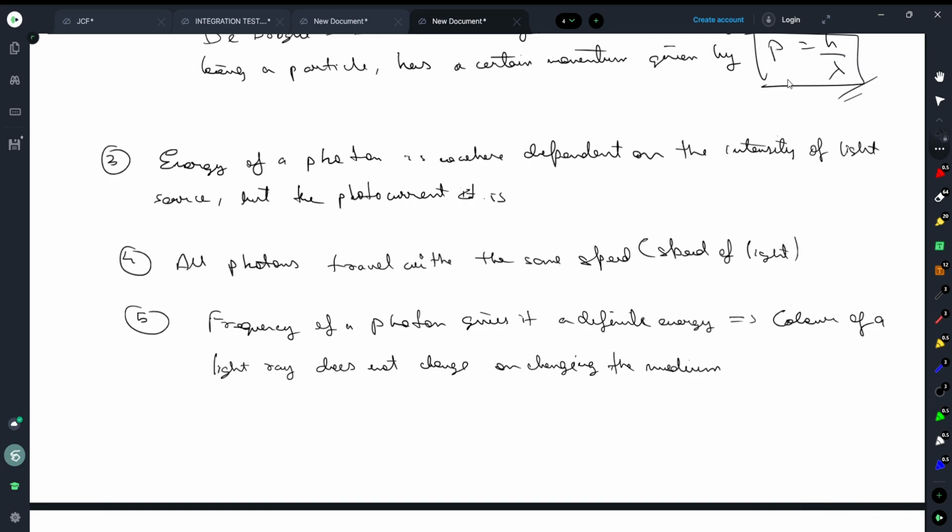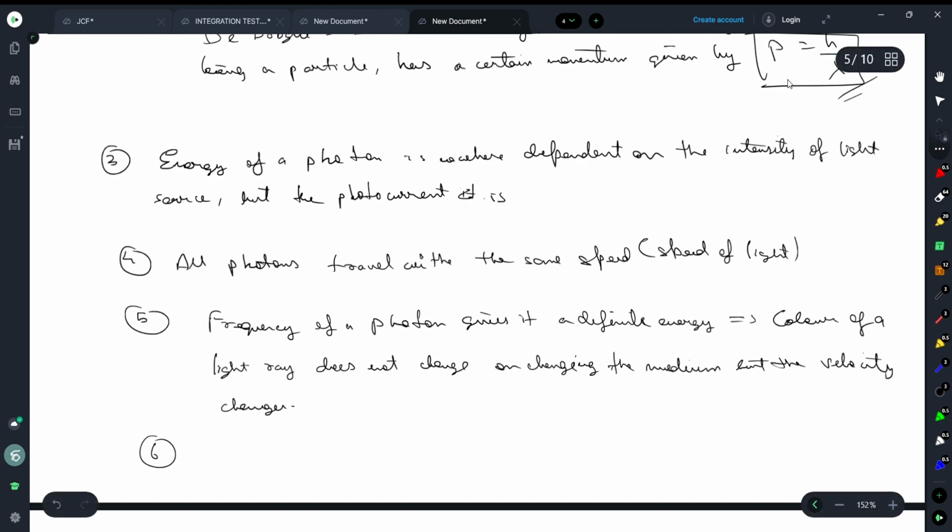That is why the frequency remains constant, but the velocity changes. Color of the light radiation is due to the frequency of it.